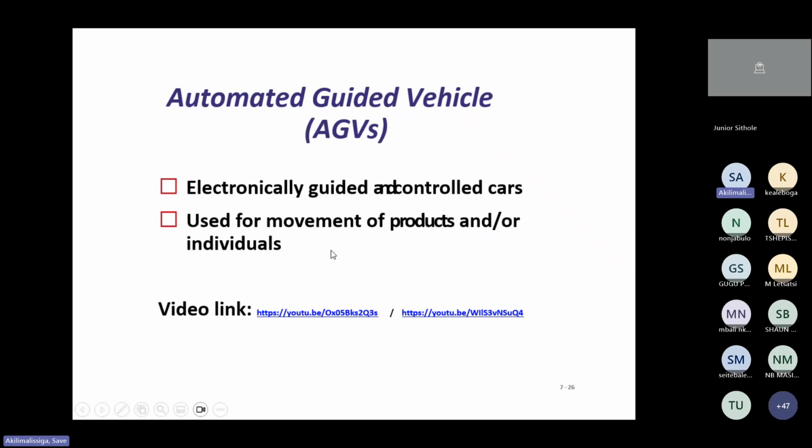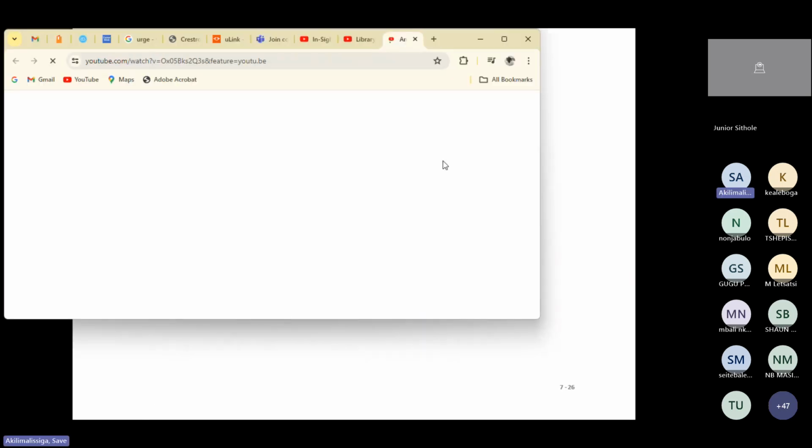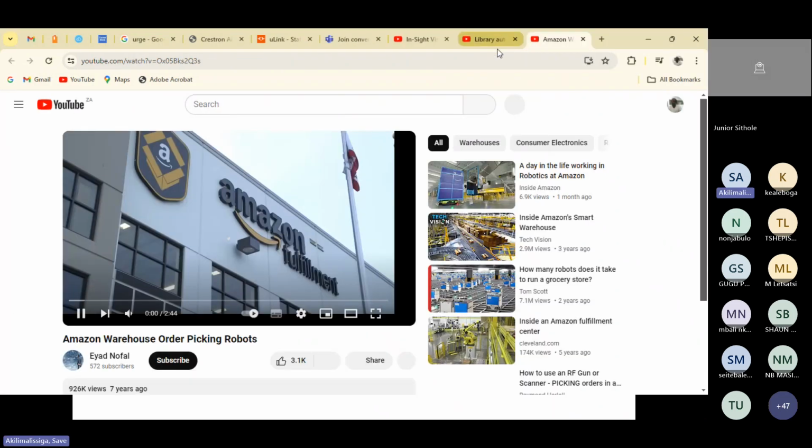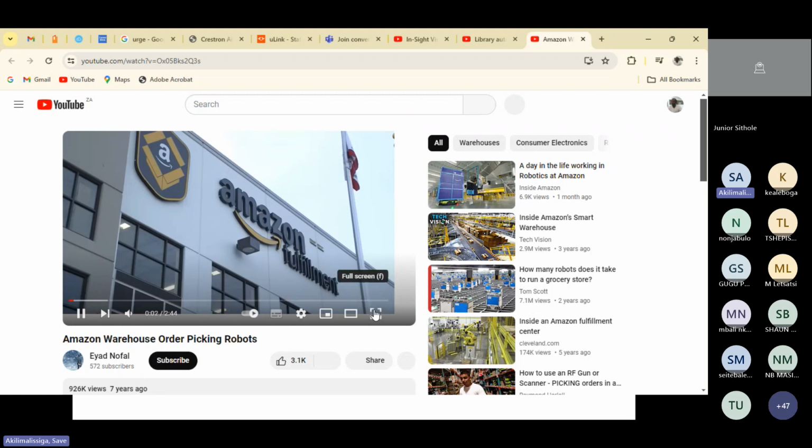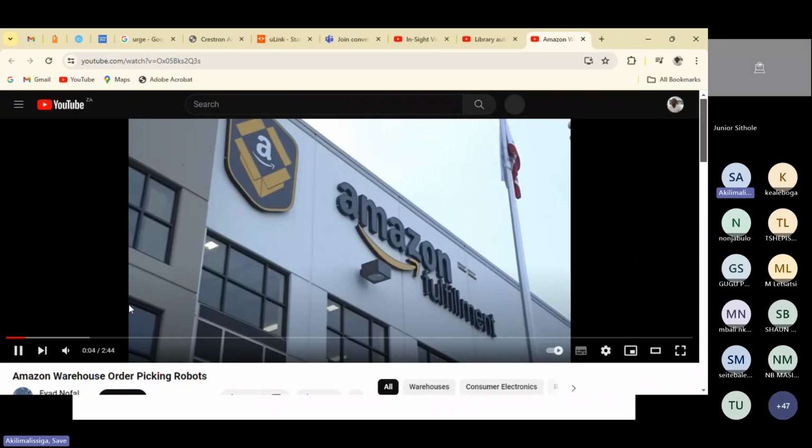One of the companies that has mastered this technology is Amazon. So I have one of the videos here that I wanted you guys to take a look at, to see how the automated guided vehicles operate in one of Amazon's warehouses.